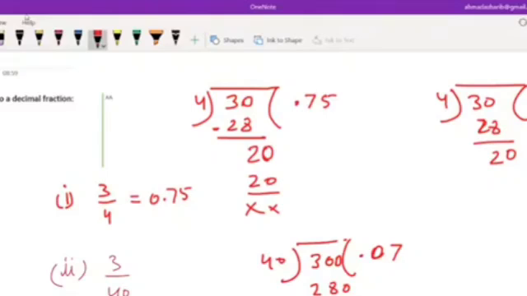Now you can increase one more zero, and 4 5s are 200.